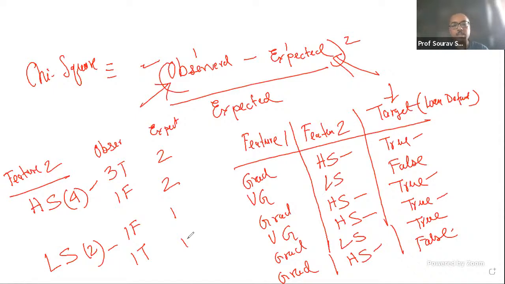From this, once again, you can find out the chi-square value for feature 2. In this particular example, you'll find that both the chi-square values are the same. So either of them can be used for doing the splitting. But if you get a case where the feature 1 chi-square is more than that of the feature 2 chi-square, then in that case you are going to use the one which has the overall higher chi-square.